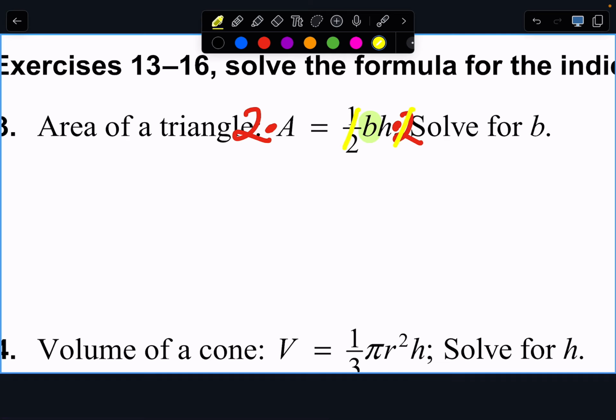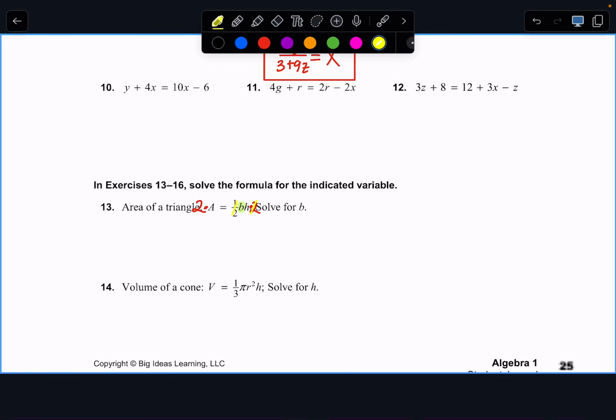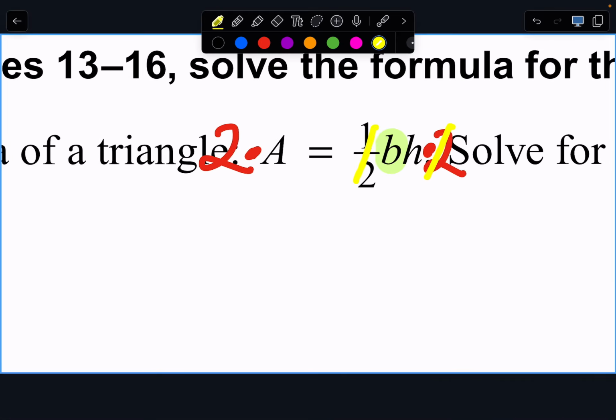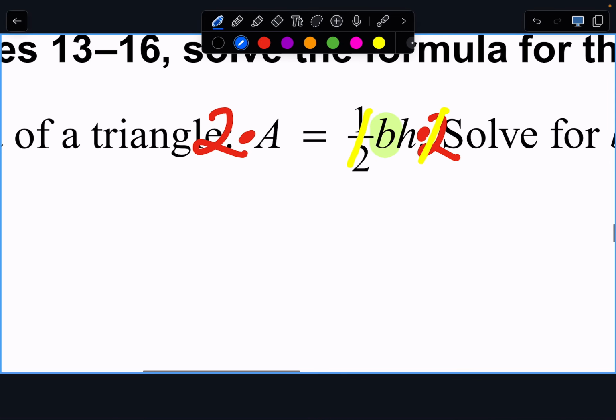Those cancel. So now we have 2A equals BH.